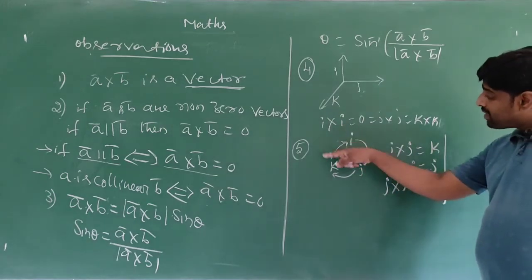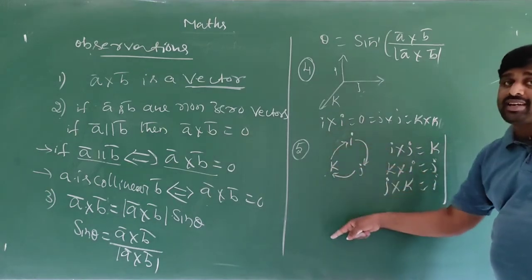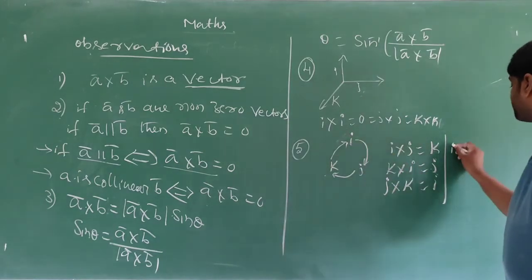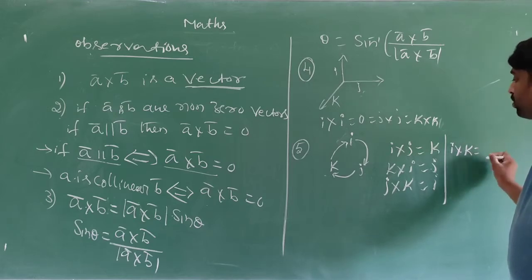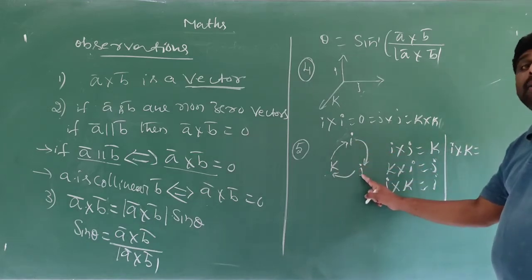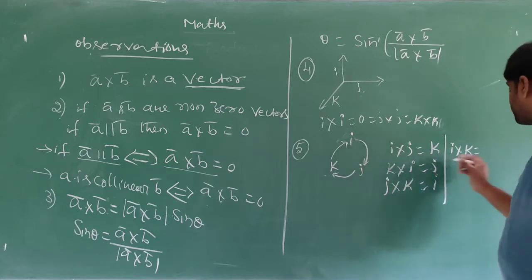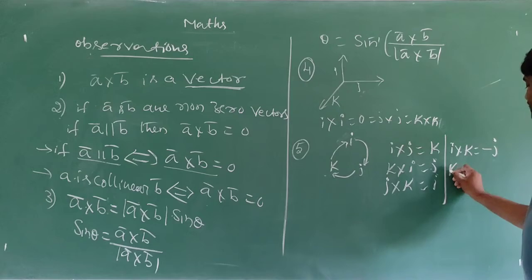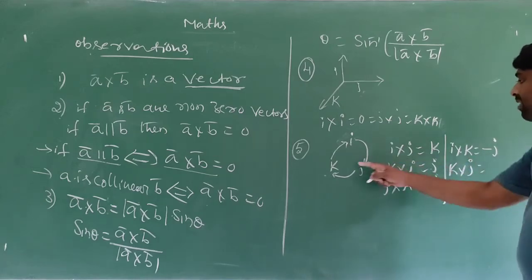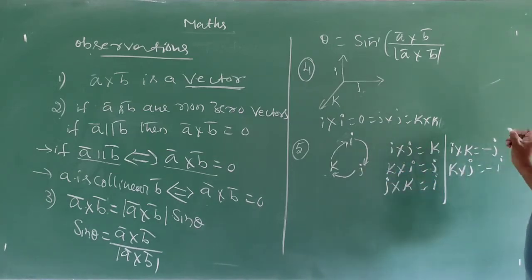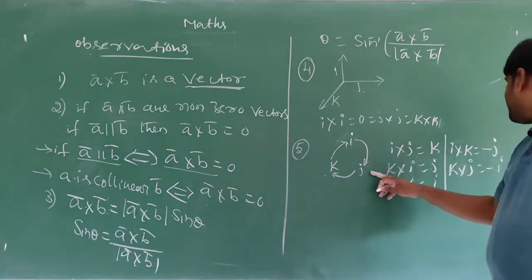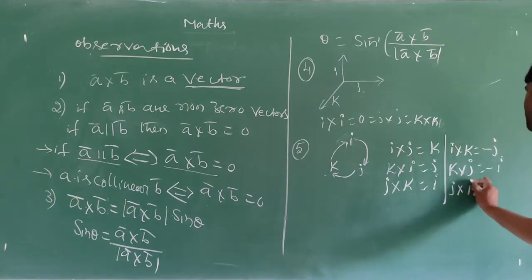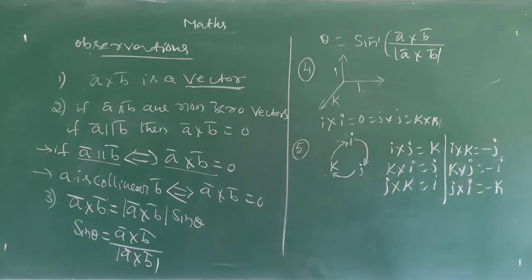Suppose I reverse the direction; when you take the reverse direction, it becomes negative. i cross k is the same as i cross k giving j only, but in reverse direction, that's why minus j. k cross j is minus i. Next, j cross i is equal to minus k.